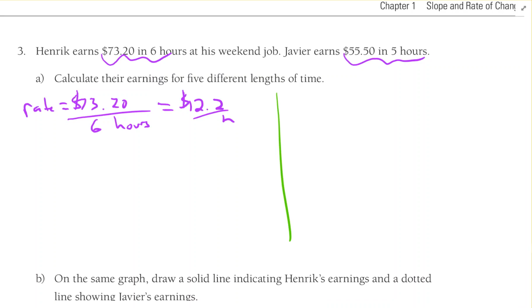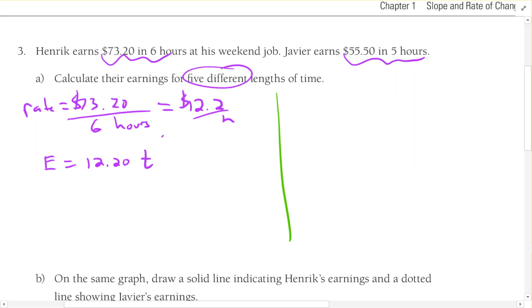So Henrik, now that we know that rate of $12.2 per hour, we can make a formula of that. So we can call it earnings. So E is equal to, and it's just rate times time. So 12.20 for $12.20 times time. And now it just says for 5 different times.